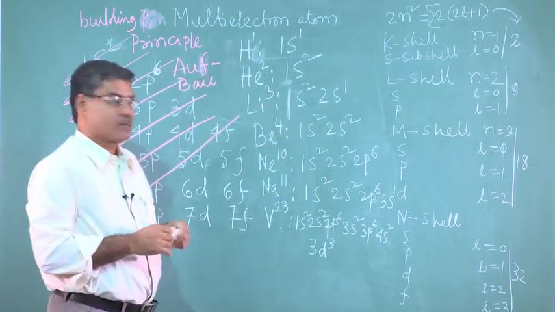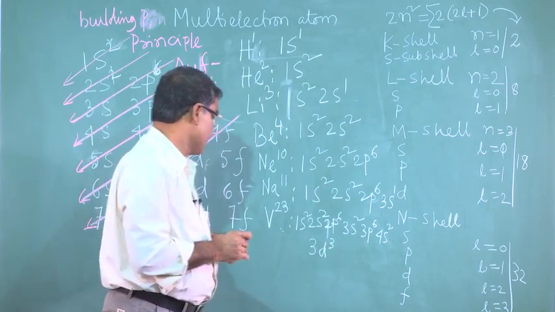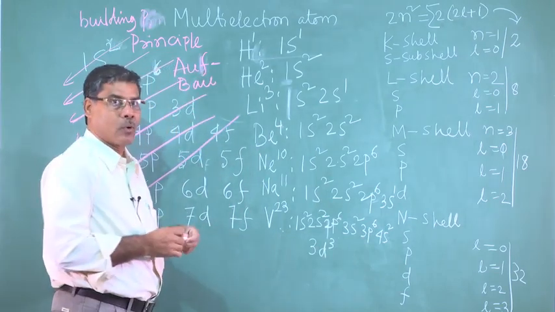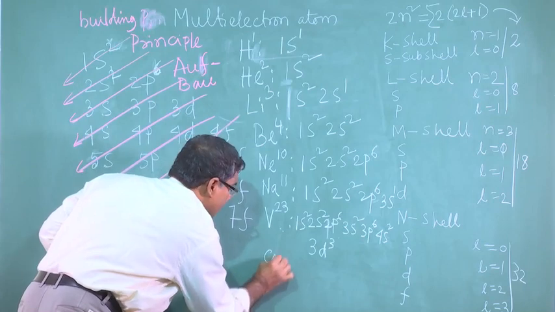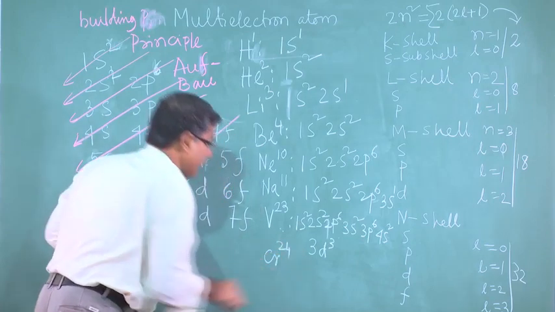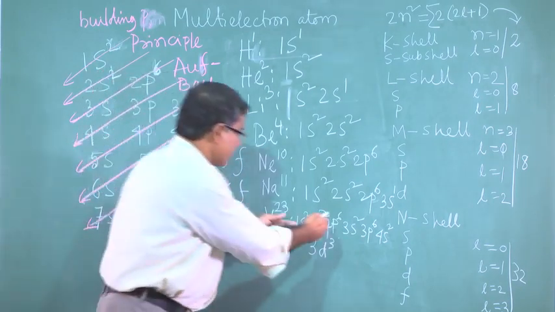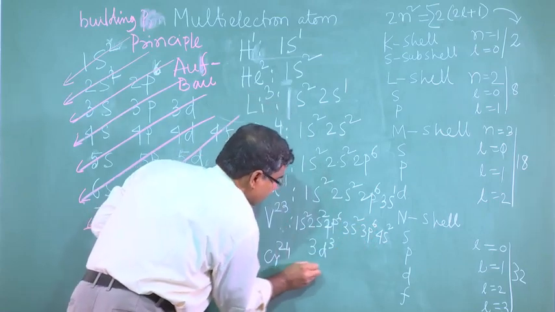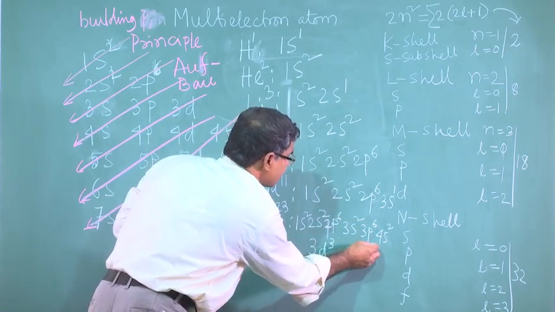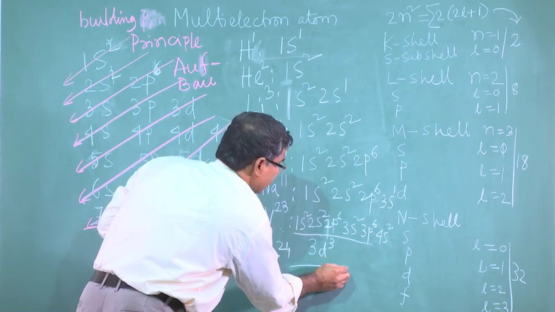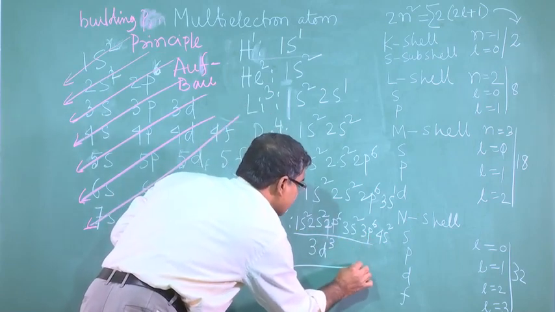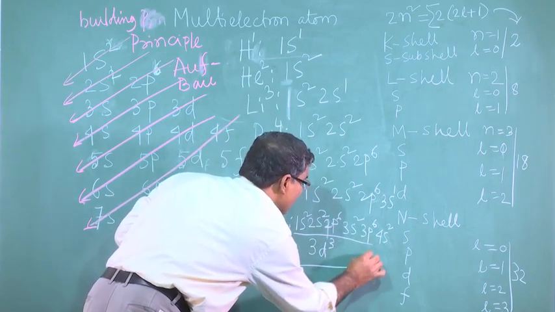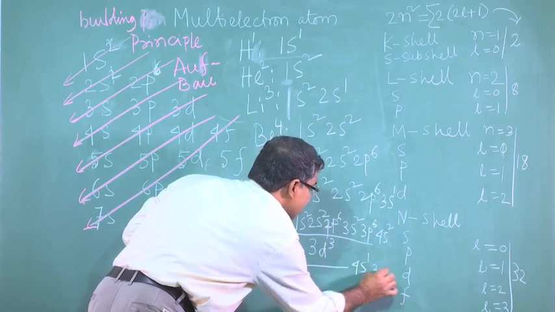Okay. So 3d3 for vanadium. Now for chromium, the next one, chromium 24. Apart from this, up to this. Okay. Now for 4s, its configuration is 4s1 and 3d5.